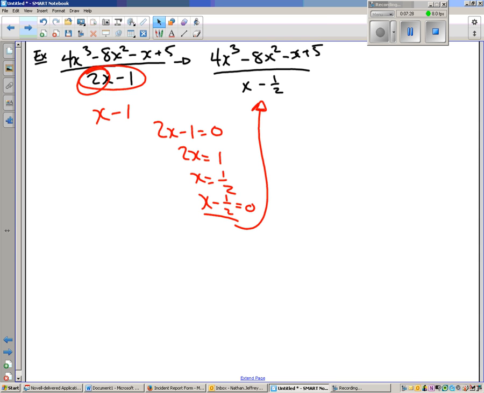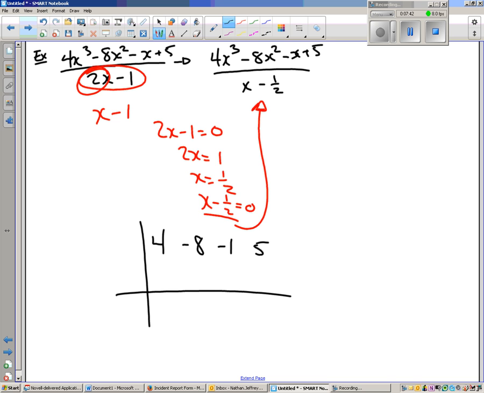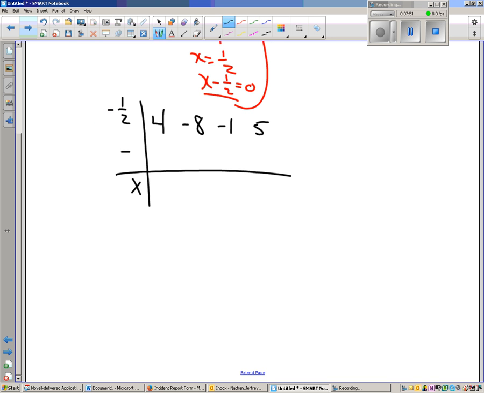And we can set it up looking the exact same. We're going to have our coefficients of 4, -8, -1, and 5. And then we're going to have our 1/2, subtract, and our multiply. From there, it's done the exact same way. Our first term always drops straight down, so that's going to be 4.